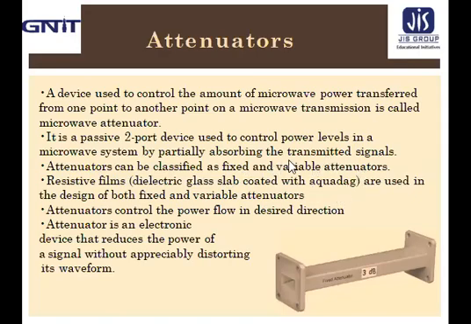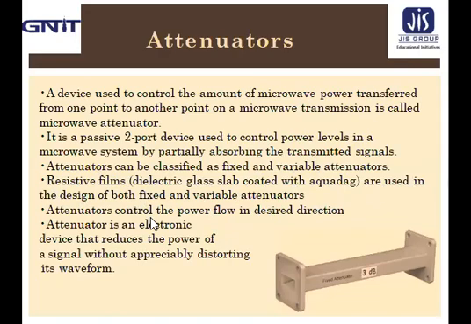These are the two types of attenuators, and the resistive film, that is a dielectric glass slab coated with aquadag, is used in the design of both fixed and variable attenuators.